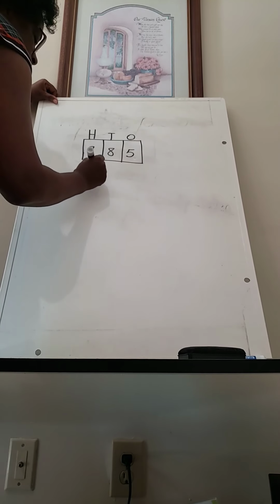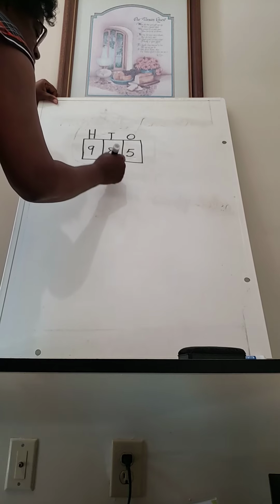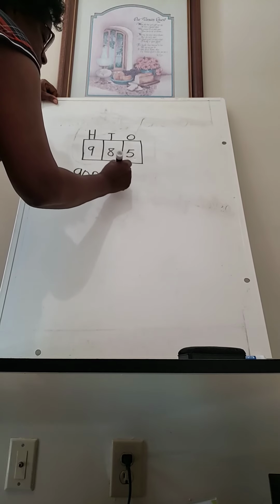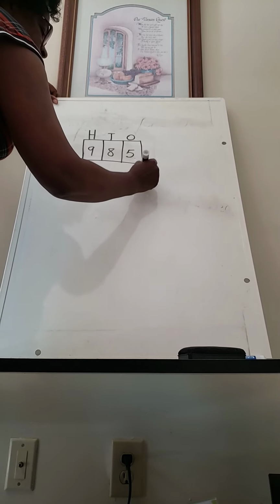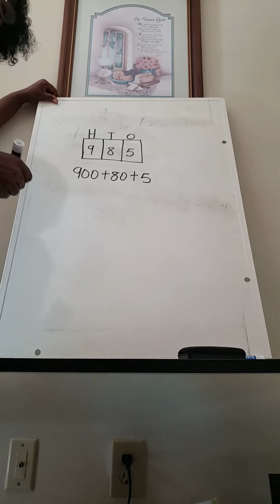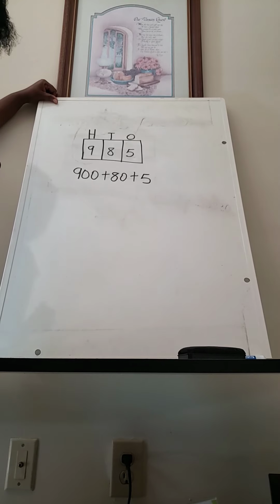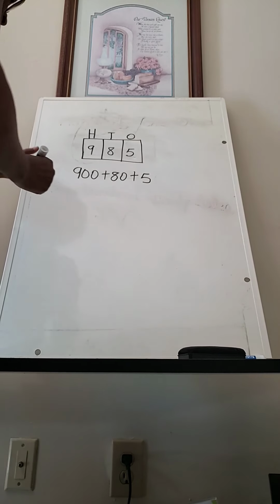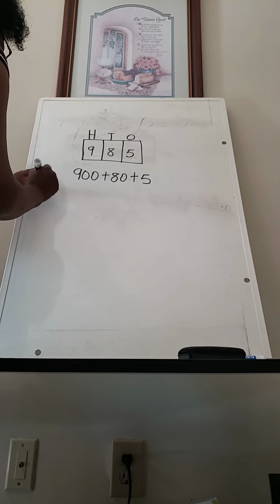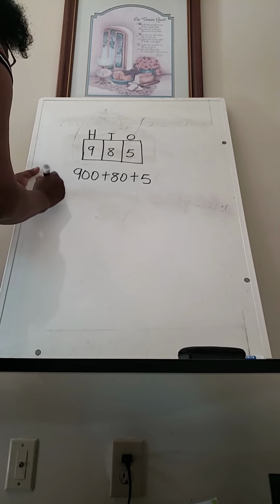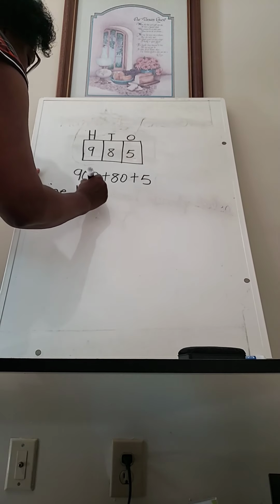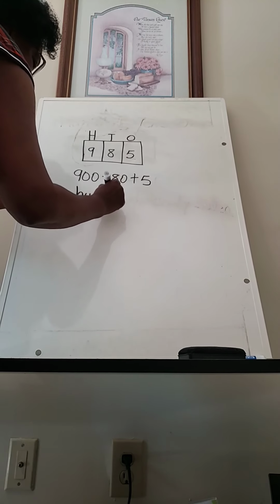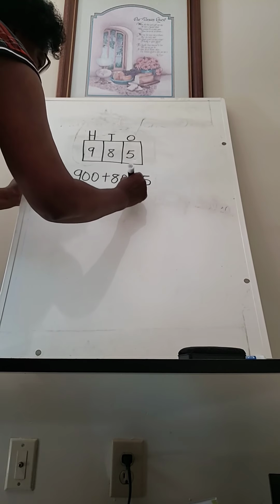So we will have 900 plus 8 tens are 80 plus 5 ones are 5. So that's our expanded form. And we are writing that now in word form. So we would have our 900 and 85.